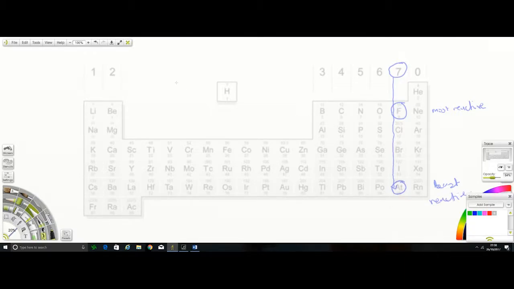So if we put this into the context of a formula, for example potassium bromide, this is the halide, remember, so it ends in IDE, and we're going to react that with, for example, chlorine. The question is, can chlorine displace this bromide bit?